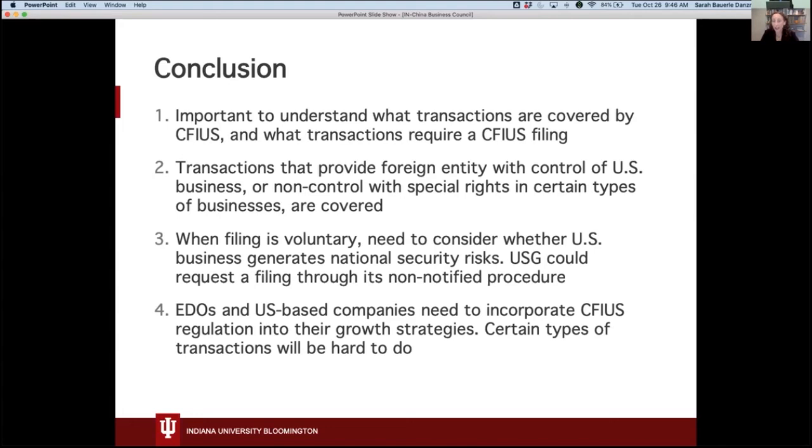That's easier to determine than if it's a national security risk, because the national security risk is based off of the threat actor, right? Is there a threat actor involved in the transaction? What is the vulnerability to national security of the US-based firm? And how does that threat actor and the vulnerability interrelate? And that's a little bit harder to totally understand, ex ante.